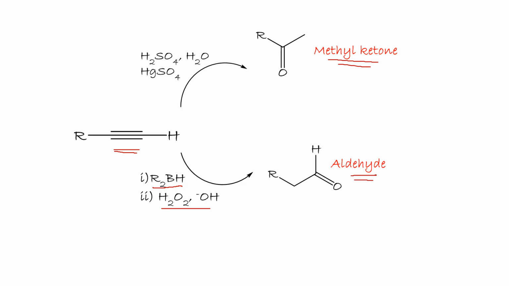No change in number of carbons from the starting material to the product, but one of them will be methyl ketone and the other one will be the aldehyde. One will be Markovnikov addition, which is acid-catalyzed mercuric sulfate, and the other one will be anti-Markovnikov addition, which is the hydroboration followed by oxidation method.